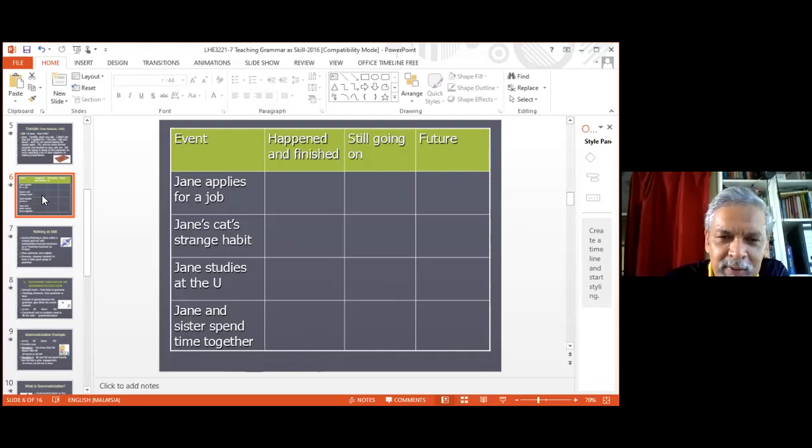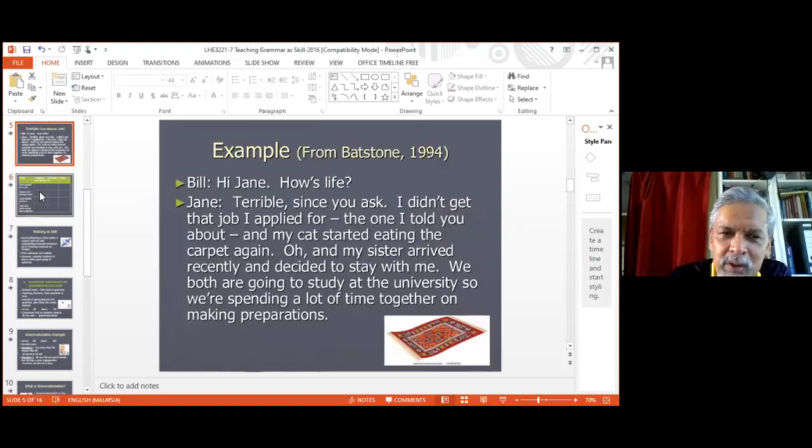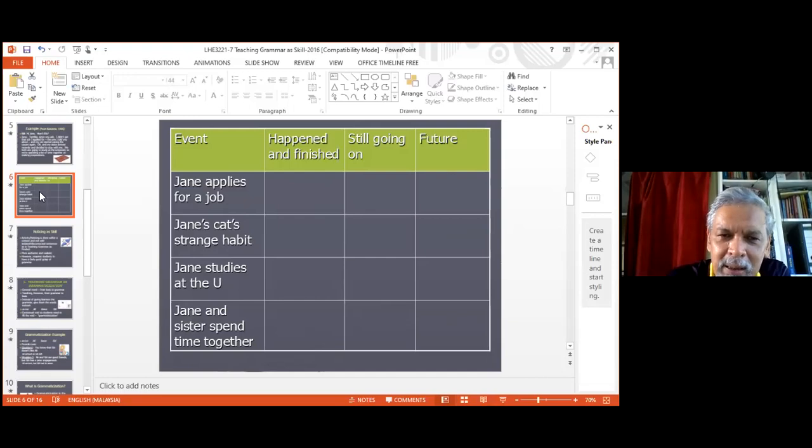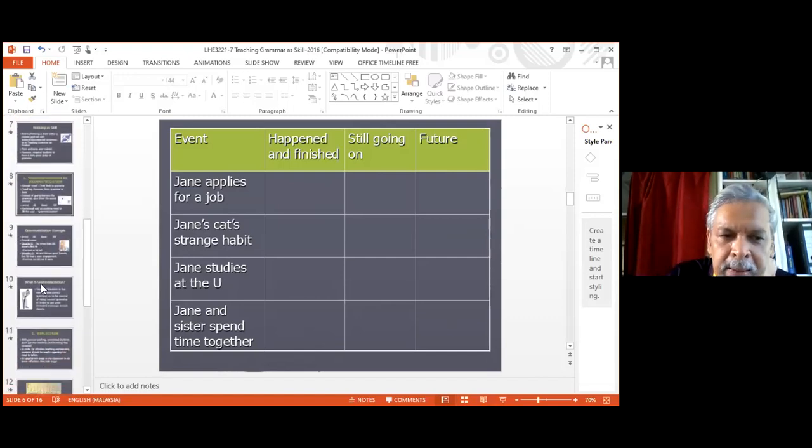Why did you give them? What in the conversation tells you why you answered that way, and so on and so forth. So this is post-task. That's the best time to do the reflection.